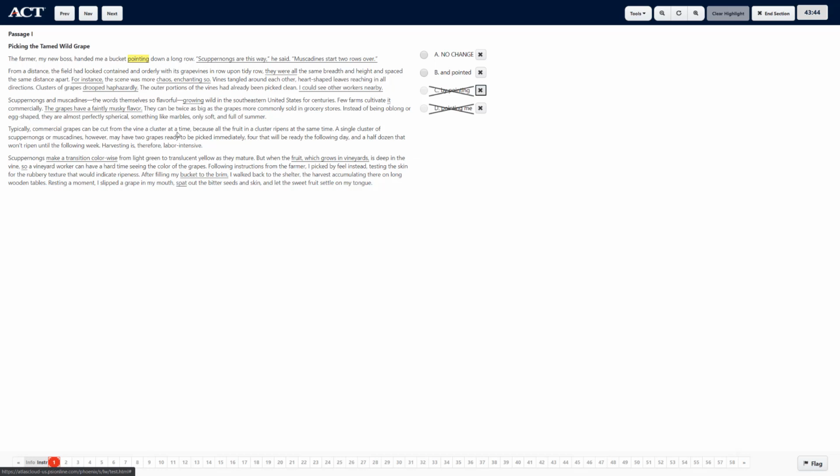I can read that and think that the bucket is pointing. So we're going to use "and" to eliminate that ambiguity, right? When we have two answer choices that are rather similar, we have to choose the less ambiguous one and also the shorter one. I'll look at another example of a shorter one, right?